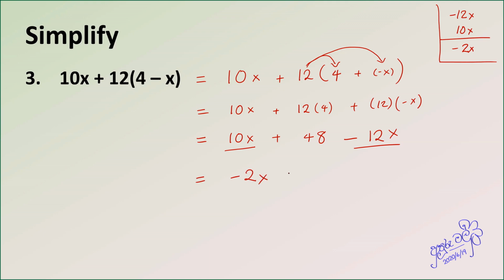So minus 2x instead of 10x minus 12x, and then the number 48. I can rewrite by writing 48 first and minus 2x later, because 2x has the sign of minus.